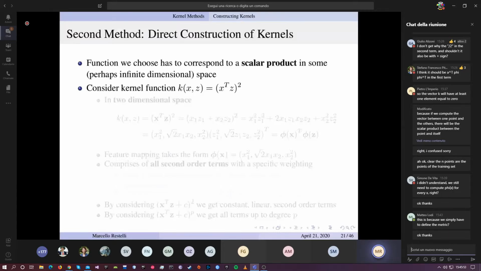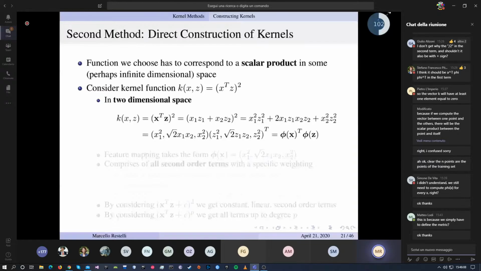To prove that this kernel is valid, you should find a feature expansion that is able to provide this result. In this case, this is possible, because if you look at the second line, you see that if you use x1 squared, square root of 2 x1 x2, x2 squared, and the same for z, and you do the scalar product between these two feature vectors, you obtain the scalar product of x and z squared.